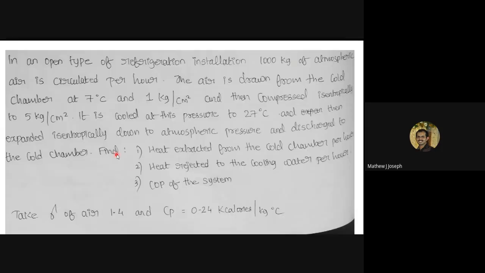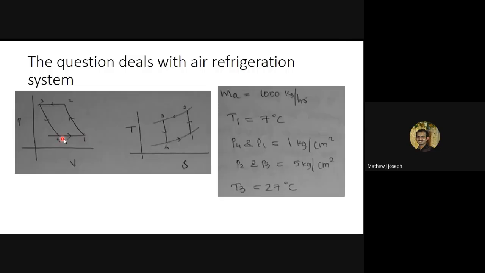So first of all, now let us try to read the question. Find one, heat extracted from the cold chamber per hour. Heat extracted from the cold chamber per hour, which means we have to find out the heat extracted from the cold chamber, which is the 4 to 1 process.